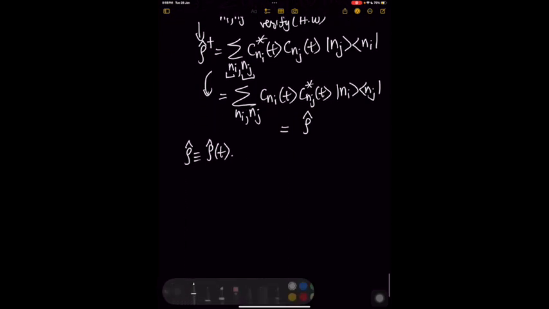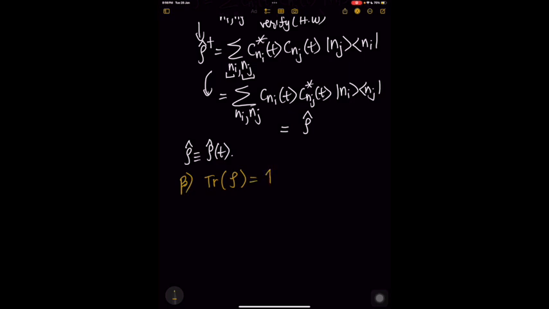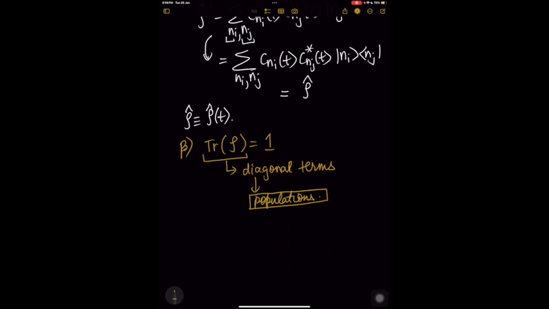Now, let's consider property 2, which I shall call beta. That is that the trace of the density operator is 1, because the diagonal terms indicate populations, and the quantum system must be found in one of the particular states.